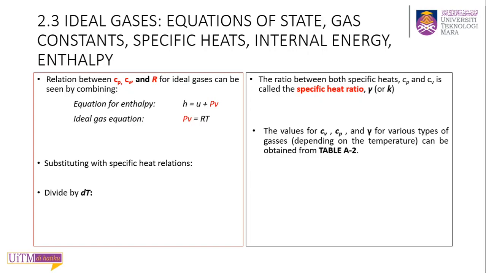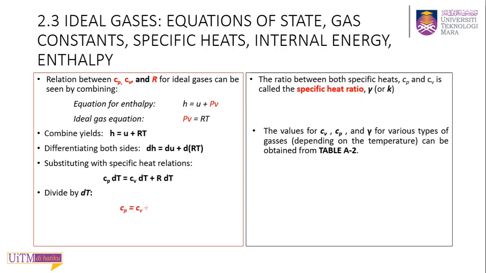By combining both of these equations and doing the required mathematical steps, as shown in the video, we can get a relationship equation between Cp, Cv, and R, which here is written in red. This equation is important when we do not know the name of the gas and we have to calculate the values for Cp, Cv, or R.